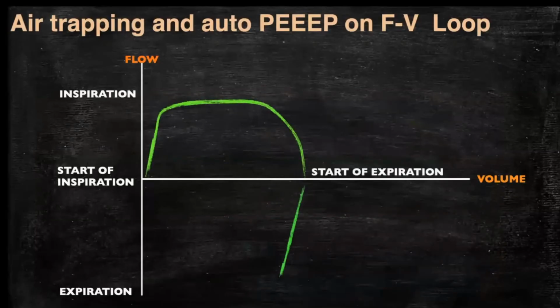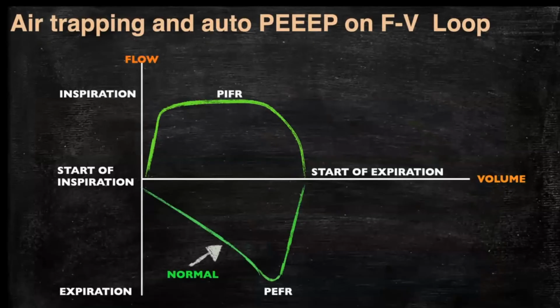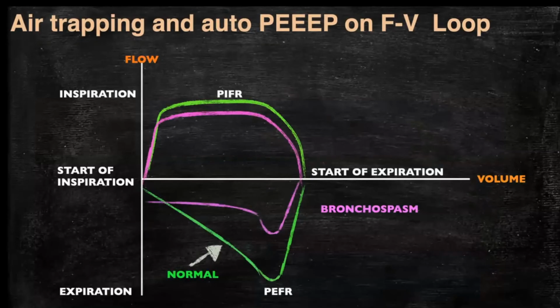Now, flow volume loop is a very good loop for assessment of the airway resistance. This is a normal flow volume loop with good peak inspiratory and expiratory flows. When there is a bronchospasm, you will see the volume coming down because of bronchospasm and the flow not reaching the baseline because of air trapping.